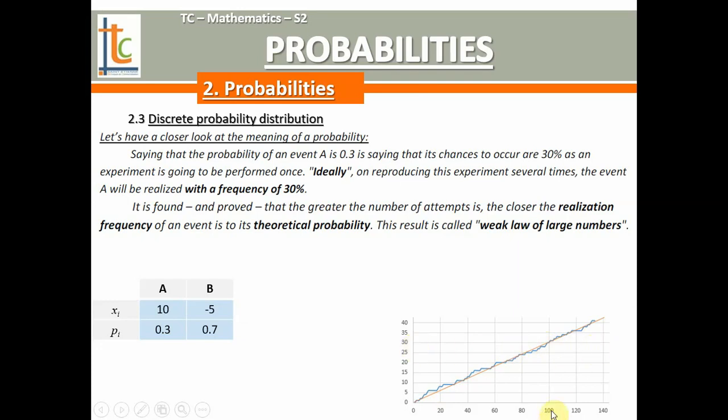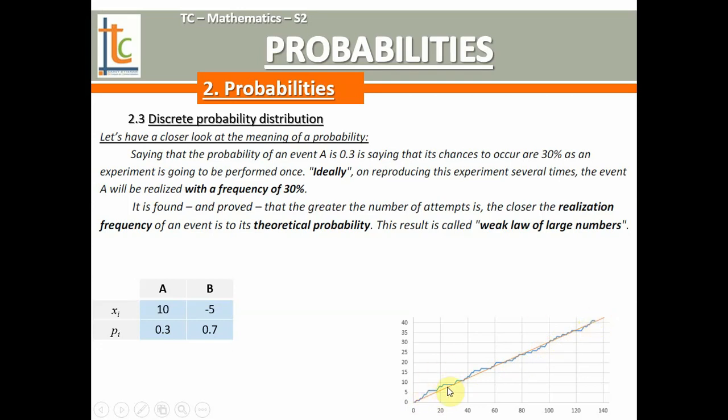After 100 attempts, my ideal realization of A is 30. I'm expecting A to be realized 30 times in 100 trials, and so on. The reality presents fluctuation, variations around this ideal situation.